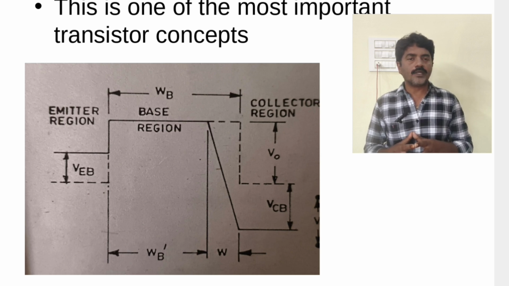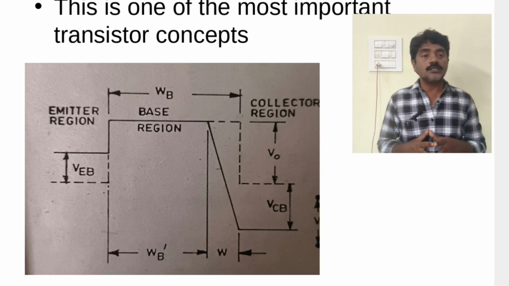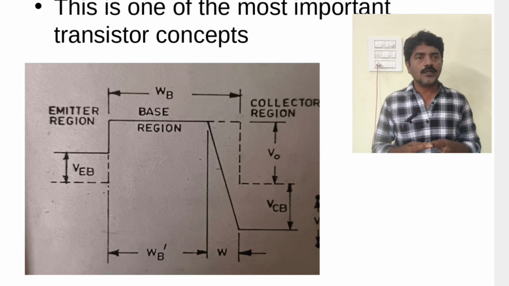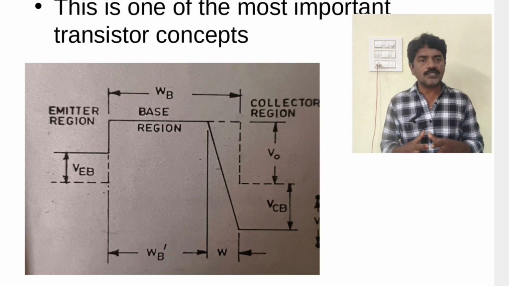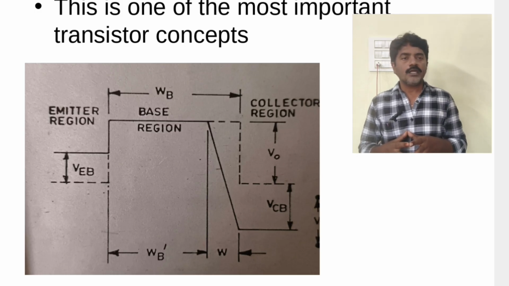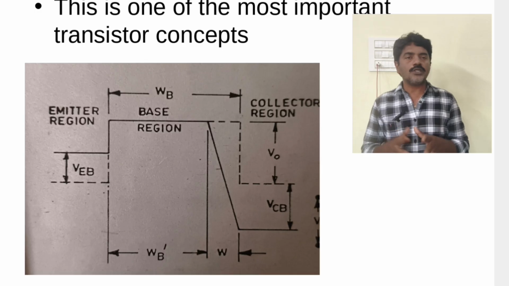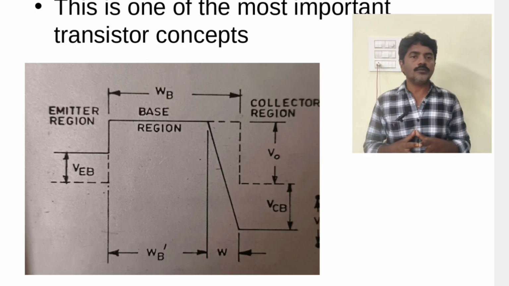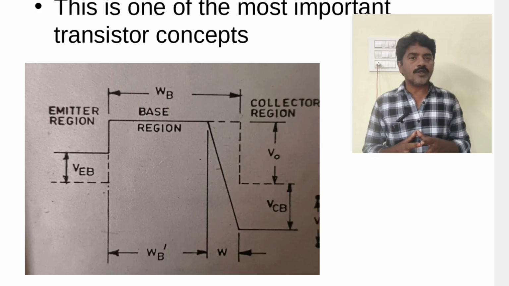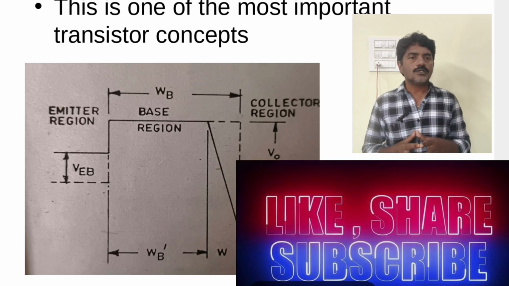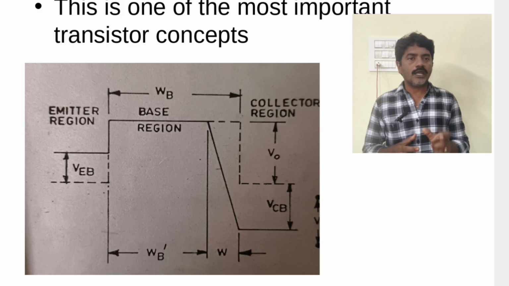So V0 minus VEB is the emitter region diffusion layer thickness. In the collector region, the diffusion layer thickness increases due to reverse bias VCB. The total diffusion layer is V0 plus VCB. Here the diffusion region penetrates into the base region because the base region is lightly doped. So as we go on increasing the output voltage, the depletion region penetrates into the base region, and the base region thickness is reduced.